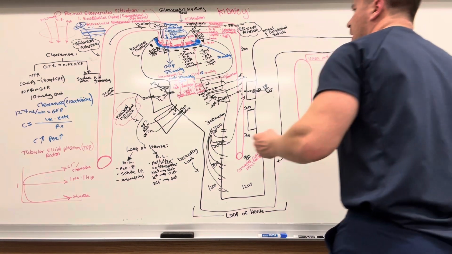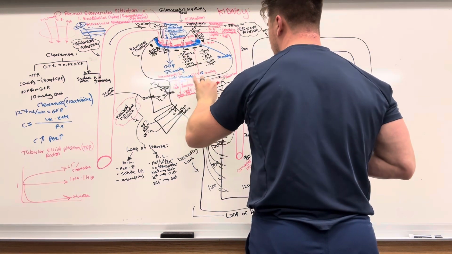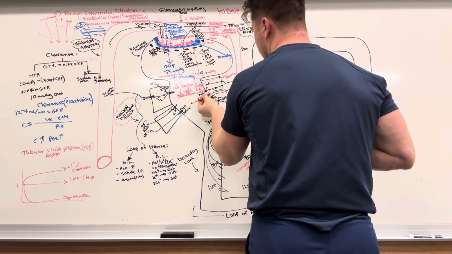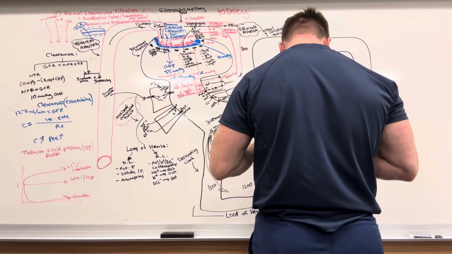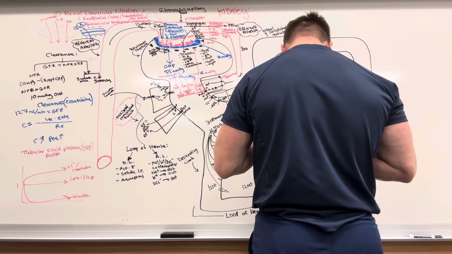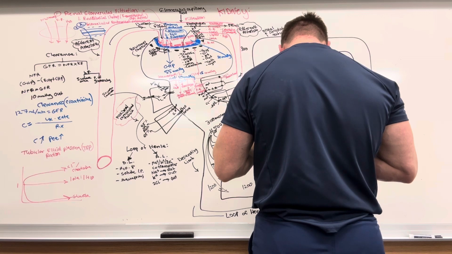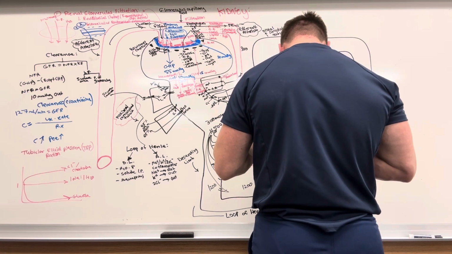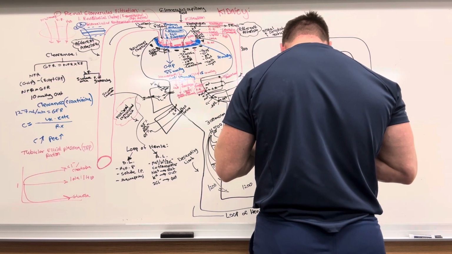So we've talked about tubular secretion, where it's coming out, and tubular reabsorption, where it's coming in. Tubular secretion is going to require ATP. We've talked about the percentages of what we keep and where we're at. This is where things get pretty important.